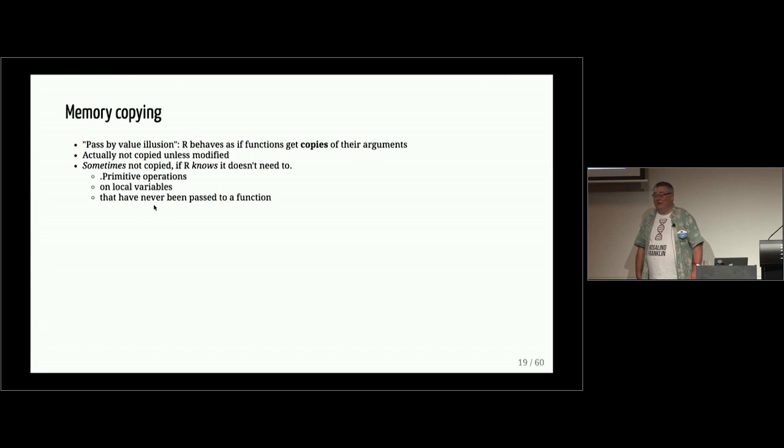R has a very simple counter of how many references there are to a variable, and it goes 0, 1, many. That's why you end up with this strange behavior. If you had something that counted the actual number of references, it would increase and then decrease and so on, and you could see if it was currently just 1. But we don't have that system. We have a 0, 1, many counting system.